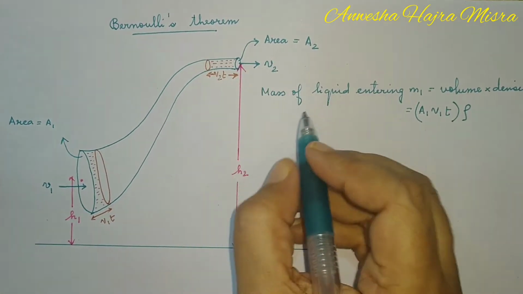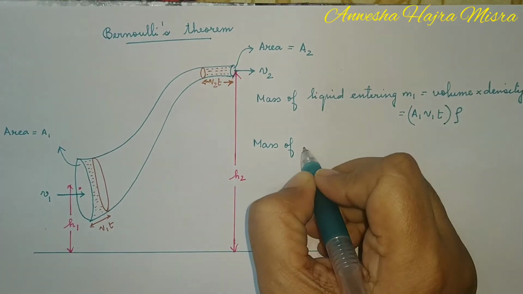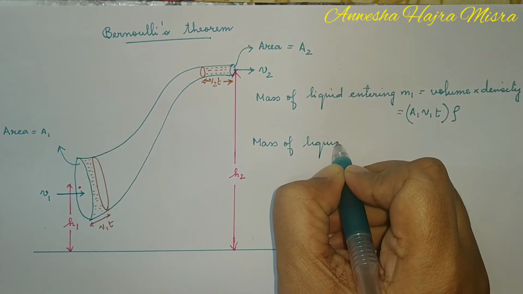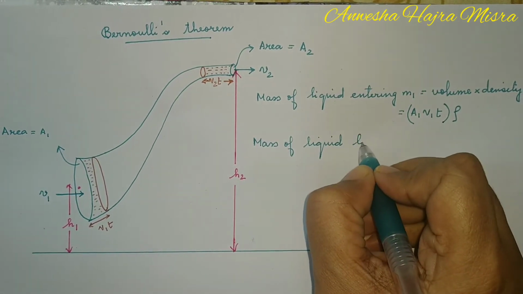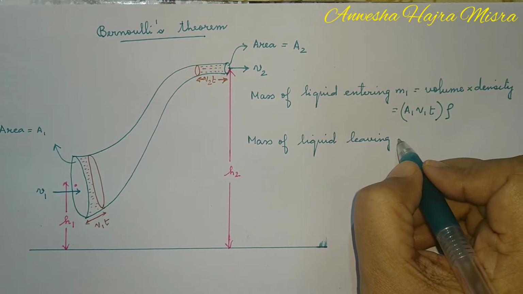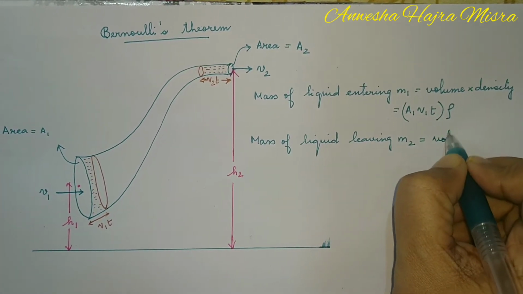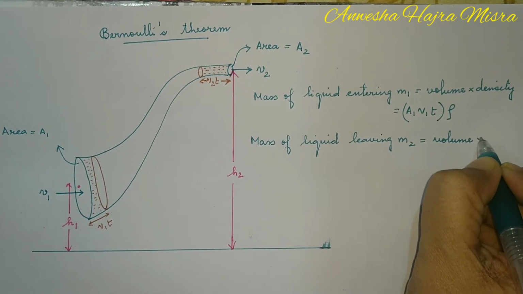Similarly, mass of liquid leaving, m2, is equal to volume into density.